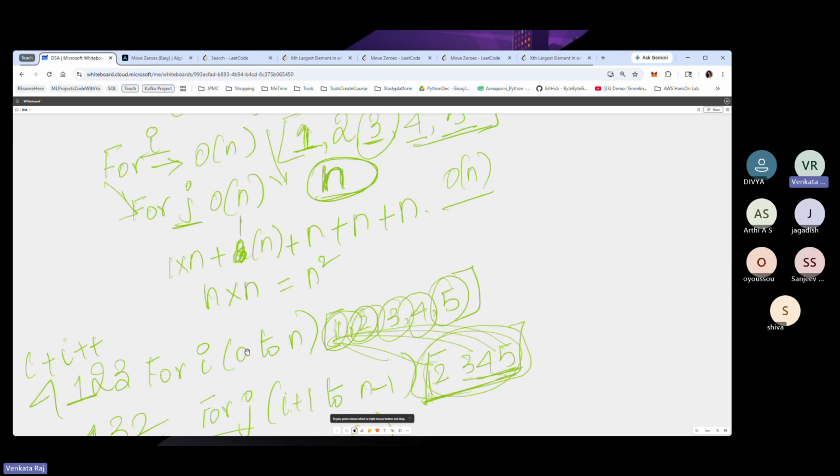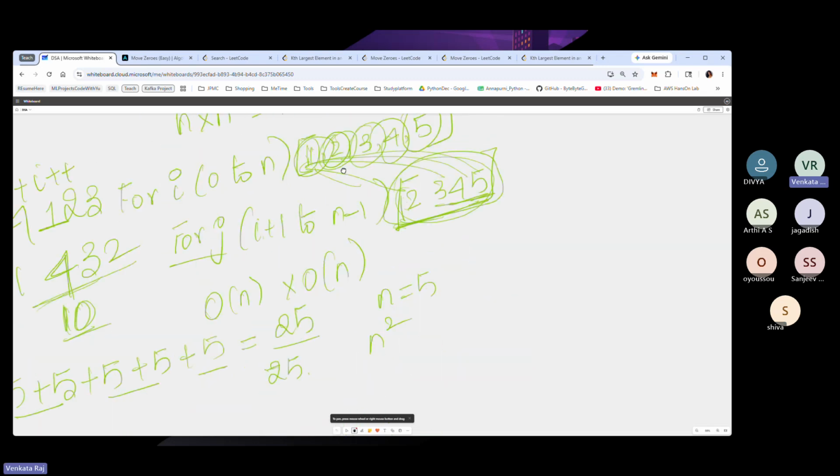So how many times does it take? 25. 25 is nothing but, your array size n is 5, and you got the answer 25, which is nothing but n square. Correct? 5 into 5 is 25, right? Sorry, my board is actually, I'm writing here.